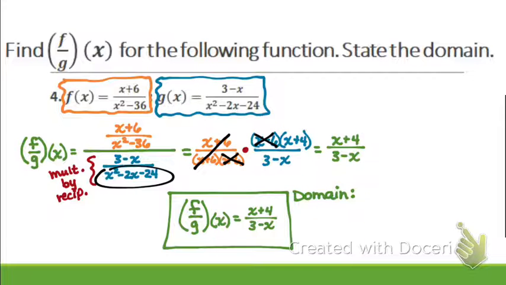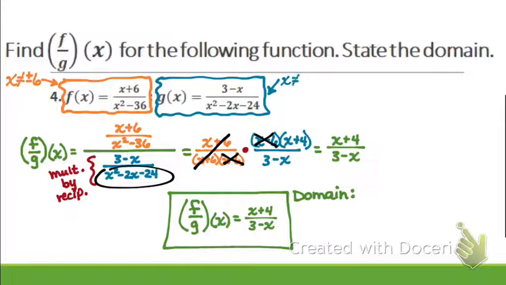Are there any restrictions on f of x? Yes, x cannot be equal to positive or negative 6, because that would make f of x undefined. What about domain restrictions on g of x?